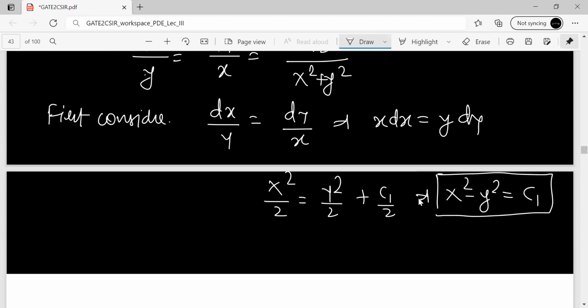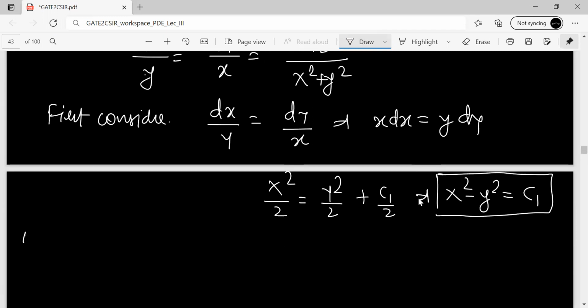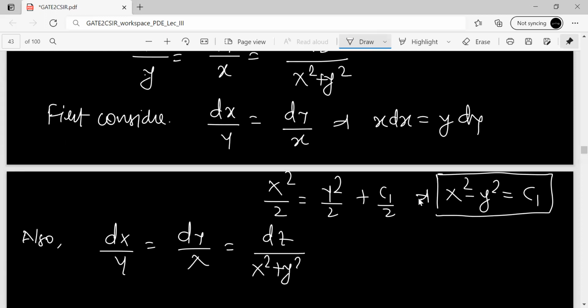Now, finding the second part, what we can do is, again, let's write down dx over y equals dy over x equals dz over x square plus y square.